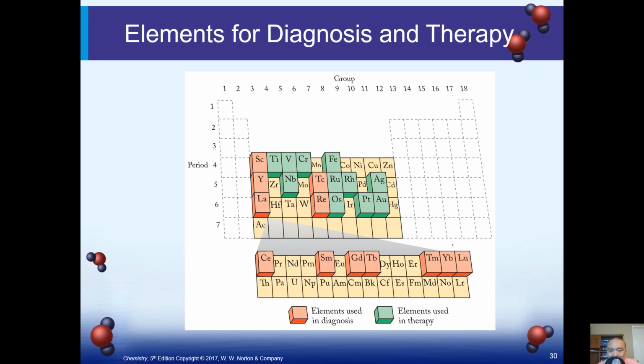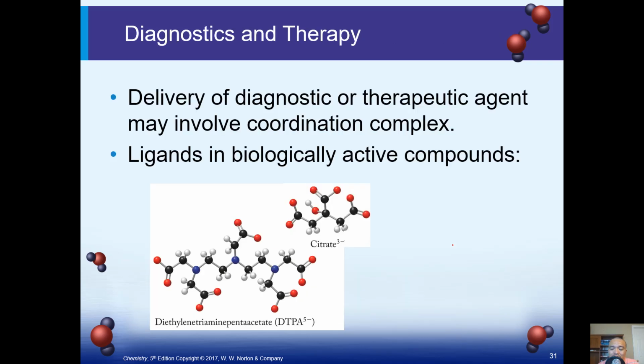In some cases, the compound may be in the form of a salt to increase the solubility in water or the blood, or it may involve the formation of a coordination complex in the case of metal cations.